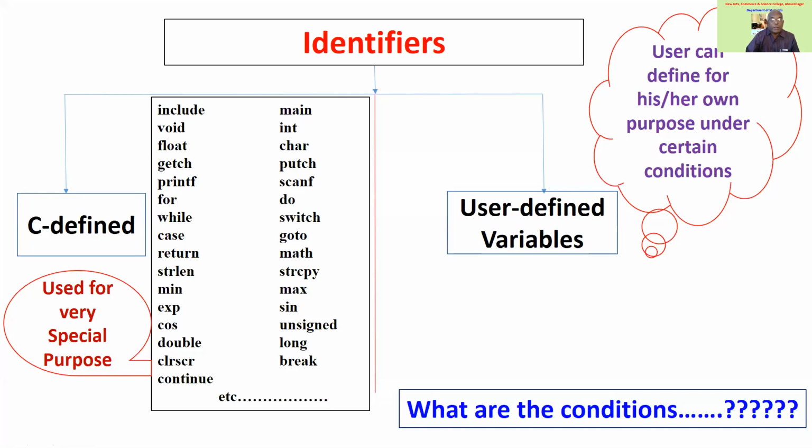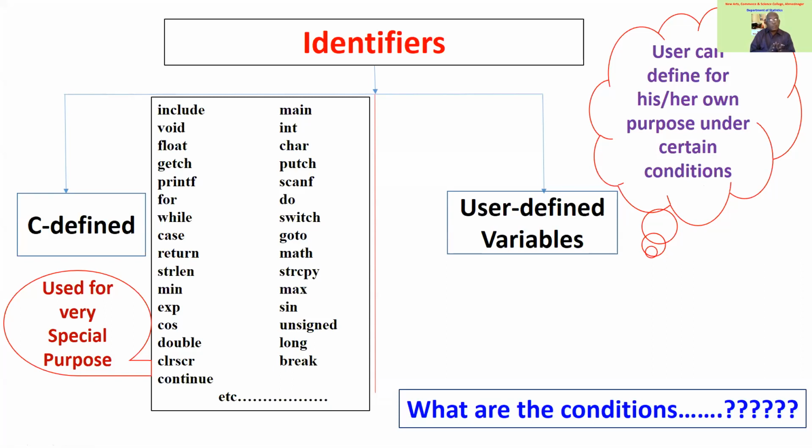So that is C-defined identifiers. Then user-defined identifiers, user-defined variables, is another class. The user can define them for his or her own purpose under certain conditions. For example, for radius I want to define a variable, for area, for length, width, breadth, volume, sum, mean, variance, correlation, covariance, I want to define a variable.